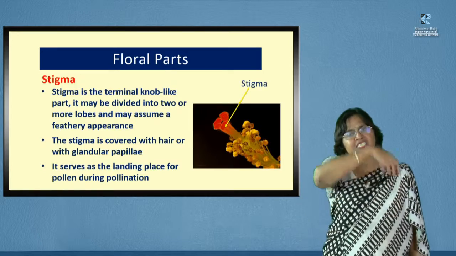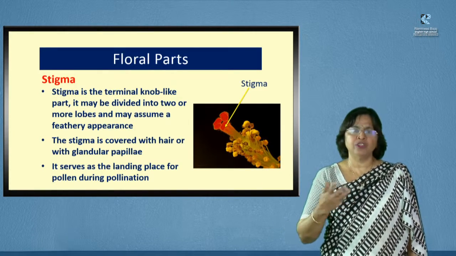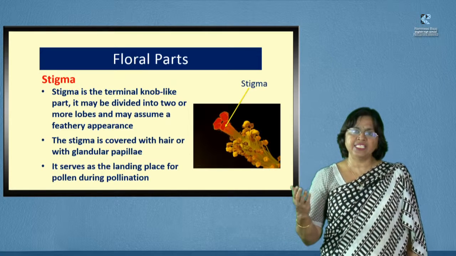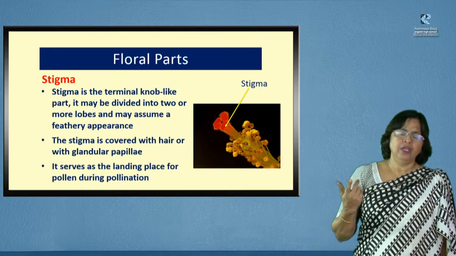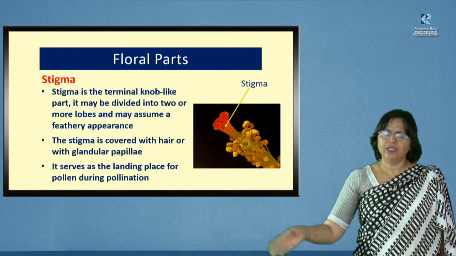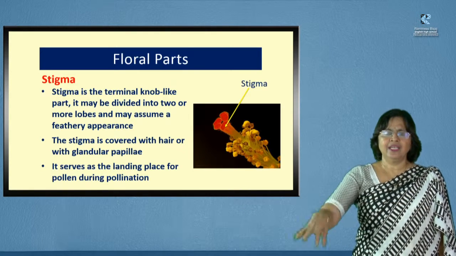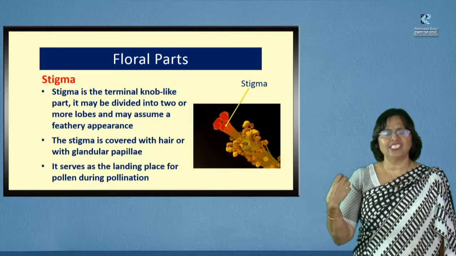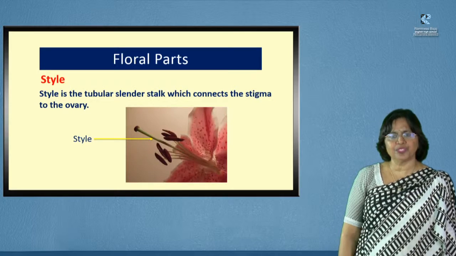In such a case, the style is very, very long and the stigma hangs outside the flower, particularly in most of the grasses. All the grains, the food crops that we eat, whether rice, wheat, etc., the stigma hangs outside with a long style. So it's hanging out, the wind blows, the pollen grains are there in it, and the feathery stigma catches a few pollen grains, and the next process continues.